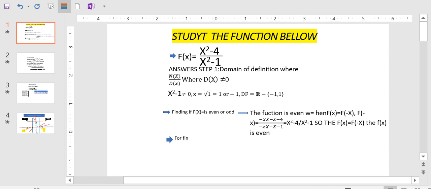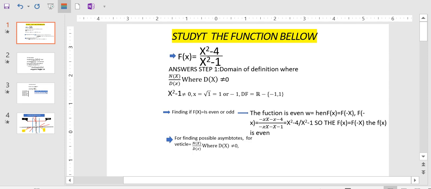As we see, our function is even. When the function is even, we don't need to check whether it is odd, because a function cannot be both even and odd at the same time.